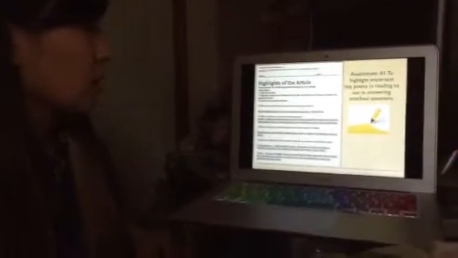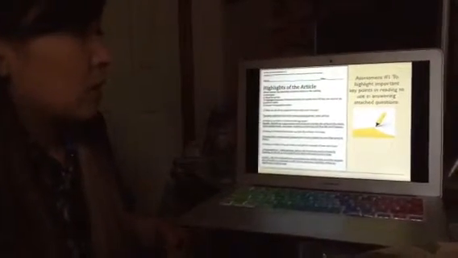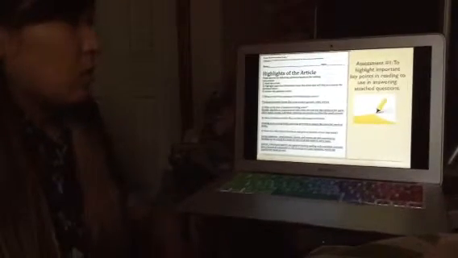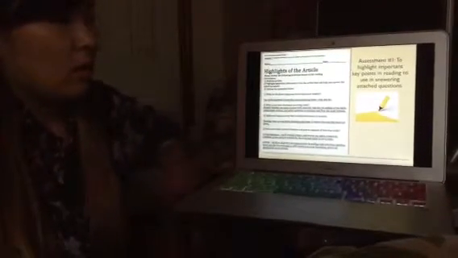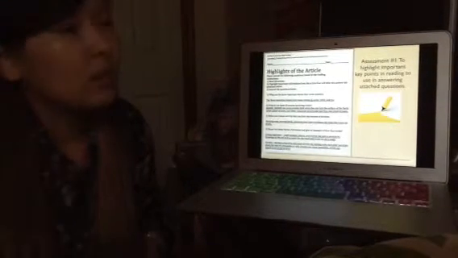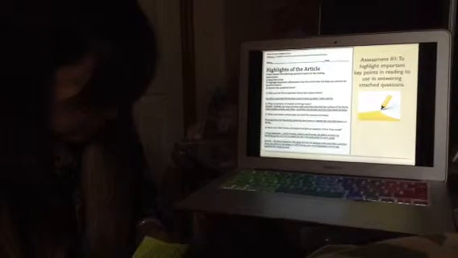Okay, the first part of it is to highlight the articles. So, to highlight important key points in reading to use in answering attached questions, we're going to give them a list of questions using Bloom's taxonomies, which lead them to higher thinking.